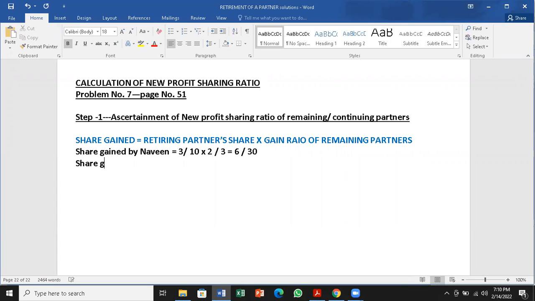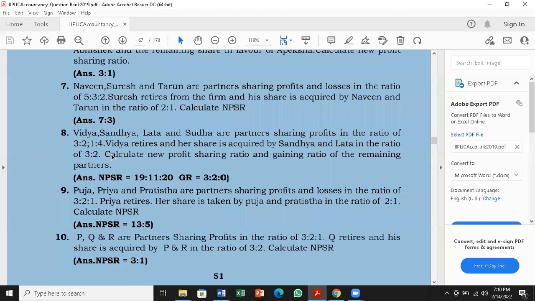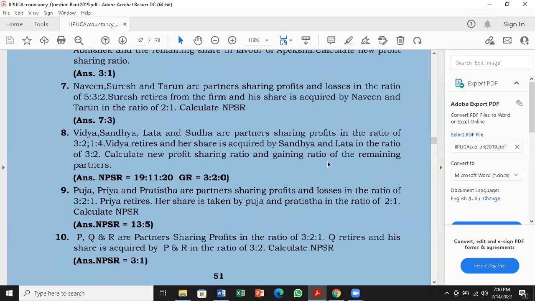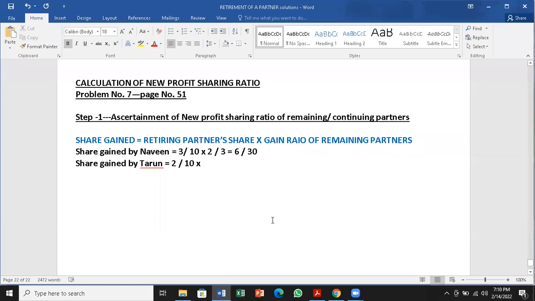Next, share gained by the last partner, that is Tarun. So Tarun's share is actually 2 by 10, multiplied by the gain, what they are getting, 2:1, that becomes for Tarun, second partner, 1 by 3. So multiply again the numerator into numerator, denominator into denominator, 2 by 30.